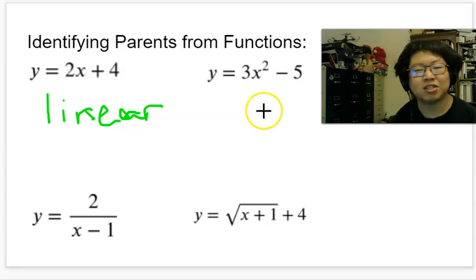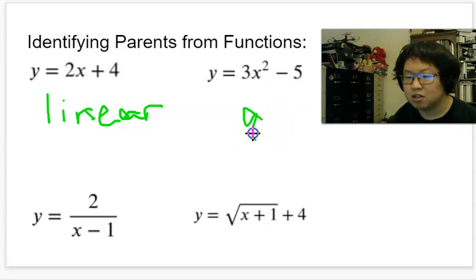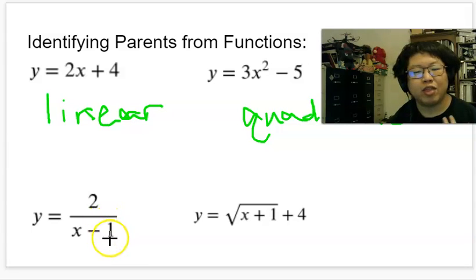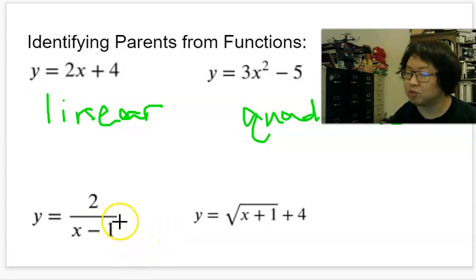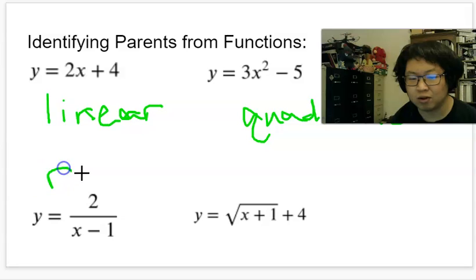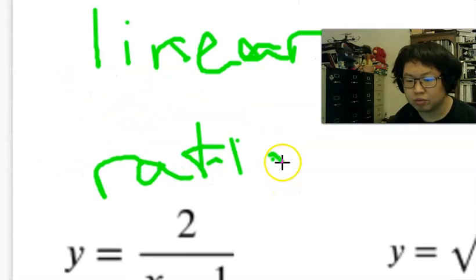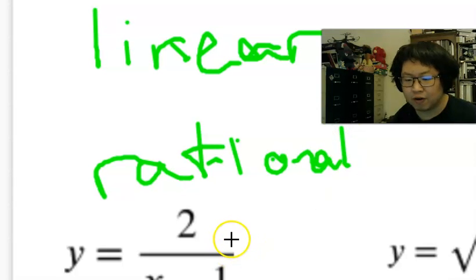Next one, we have an x squared. This one looks a lot like our friend, the quadratic. It should have a parabola for its shape. And then the following two: this one's got a fraction bar, and out of all the ones we talked about, only the rational functions have a fraction bar.